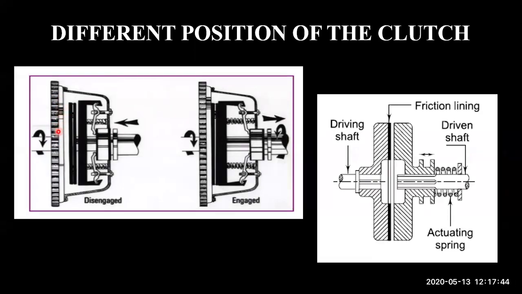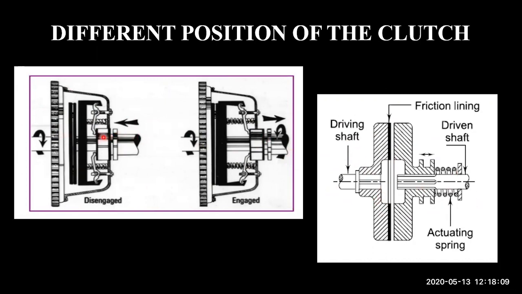The clutch plate is rigidly bolted. You can imagine that as this particular figure here, and sometimes the friction lining will be on the second flange. So you can call this entire thing the second flange. When the second flange comes in contact with the first clutch plate here, then you have transmission. You have that rotation of the shaft.